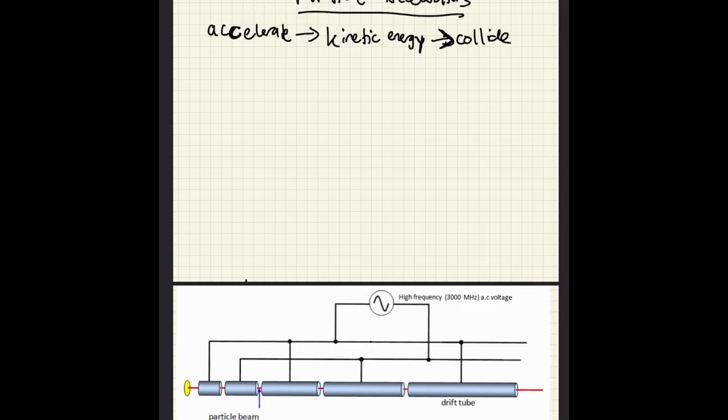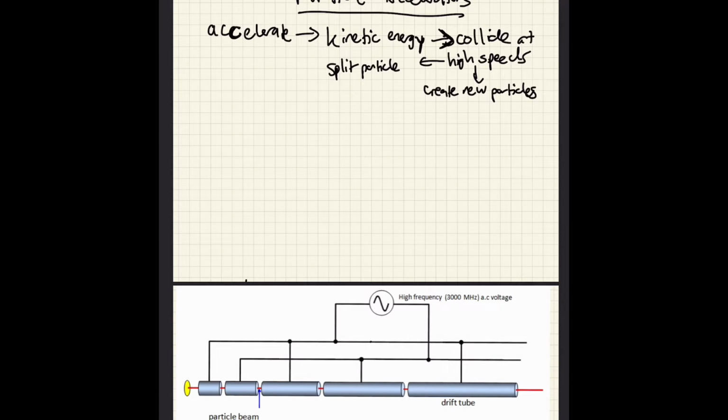If we collide two particles at high speeds, then we can split the particle and see what's inside it, or we can create new particles. And the latter is a bit more complicated, but basically we can study what's inside the particles and quantum physics in general.